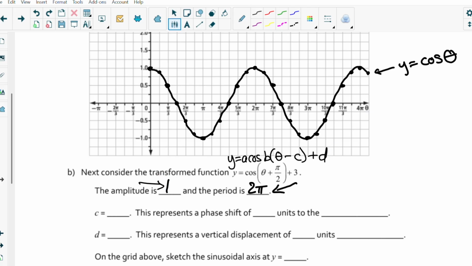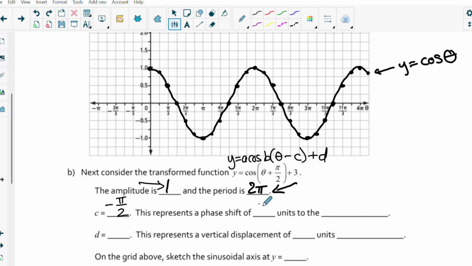Okay, we said the a value is 1. The b value is 1, so the period's still 2 pi. What's the c value? The c value here, folks, is negative pi over 2.